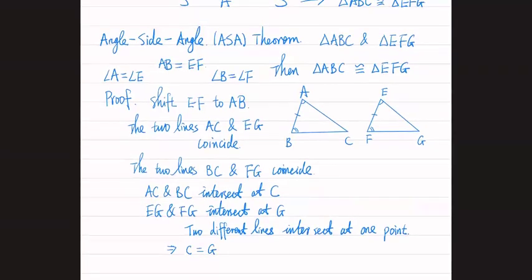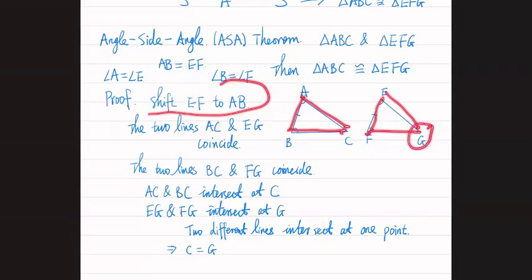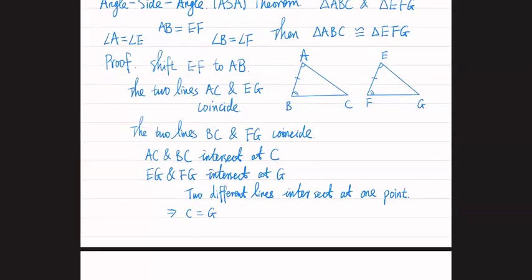So initially we shift EF to AB, then EG to AC, FG to BC. In this process, we also shift G to C. Now EFG is right on top of ABC. It's a superimposition. The two triangles are congruent.